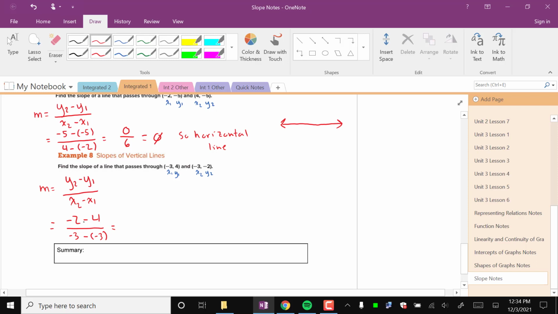Negative 2 minus 4, they're both the same sign, so that's going to give a bigger number. 2 and 4 is 6. Keep the sign, so that's negative 6 over negative 3 minus negative 3, which becomes negative 3 plus 3, which is 0. Here I can't do this. This is undefined.